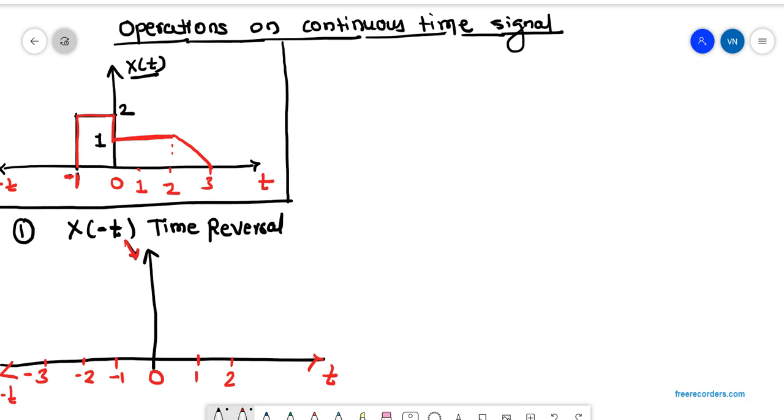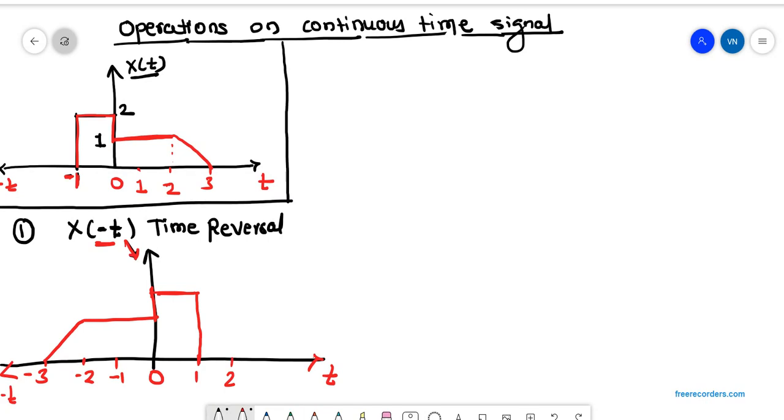Whatever the amplitude was for -1, now you will get that amplitude for 1.